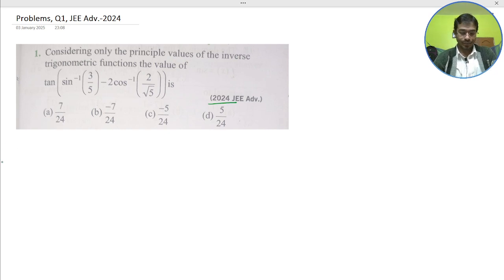So here is given tan of sin inverse 3 by 5 minus 2 cos inverse 2 by root 5.